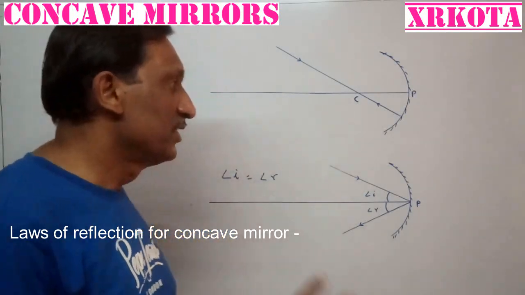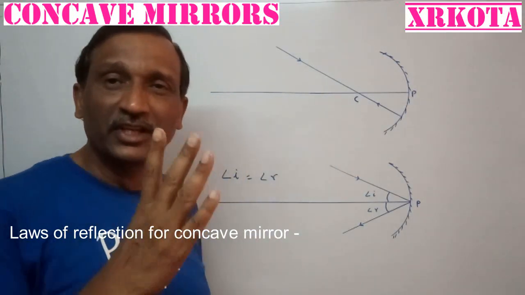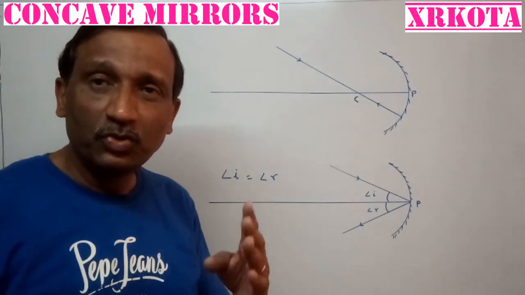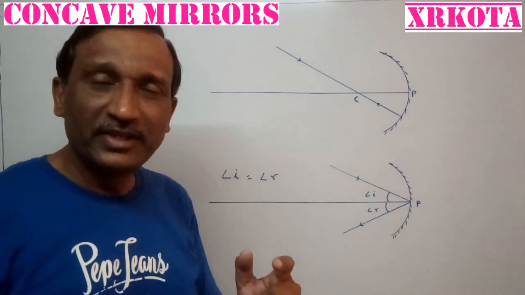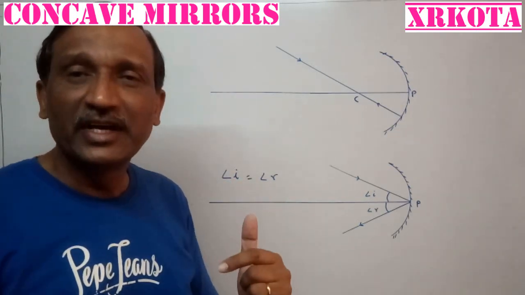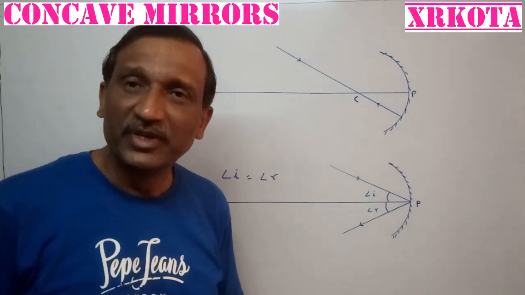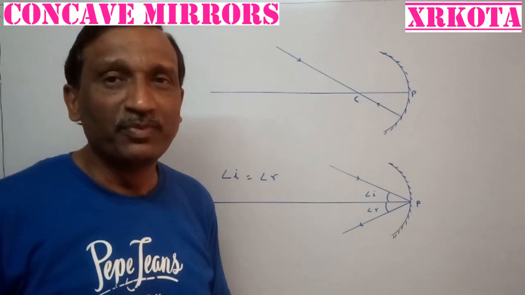So these are the four laws of reflection through a concave mirror. Now any two rays after reflection, wherever they meet, there they will form the image. So now we shall go ahead with the image formation through a concave mirror.